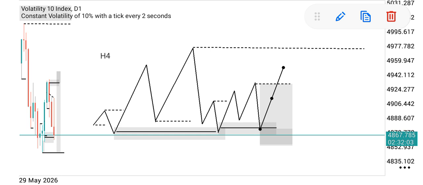Then the market will come again, give us something like this.